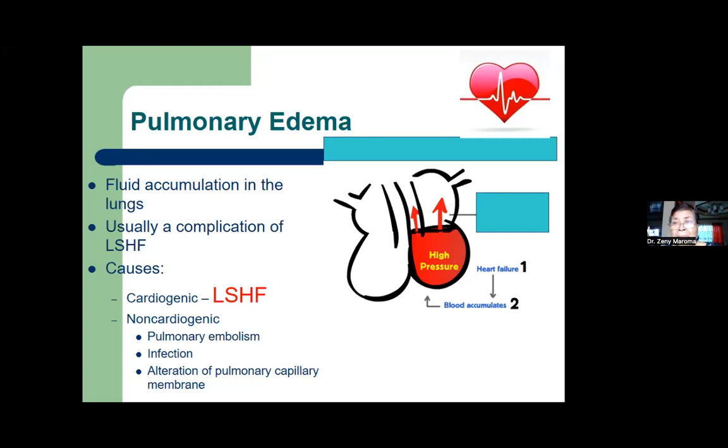Nasubukan niyo ba, baka hindi kayo gumagamit ng takore kasi may heater kayo. O dili kaya yung kanin sa kaldero, mainit, buksan mo. Di ba ang init ng singaw? Eh ito, nalanghap mo, superheated smoke. Okay, so therefore, namaga ang lungs. Pulmonary edema. Okay? Pero most common cause, cardiogenic.